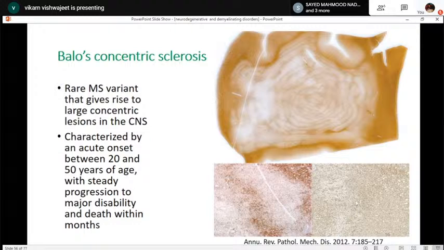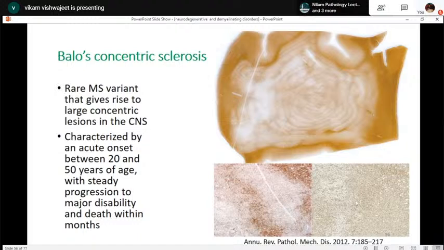So this is a classical picture of concentric sclerosis, and this is an immunostain for proteolipid protein. Proteolipid protein is a marker of myelin, and staining can be seen mainly in those cases which are late.